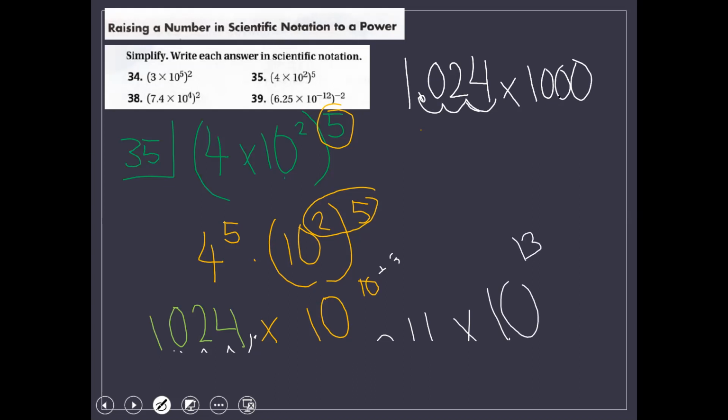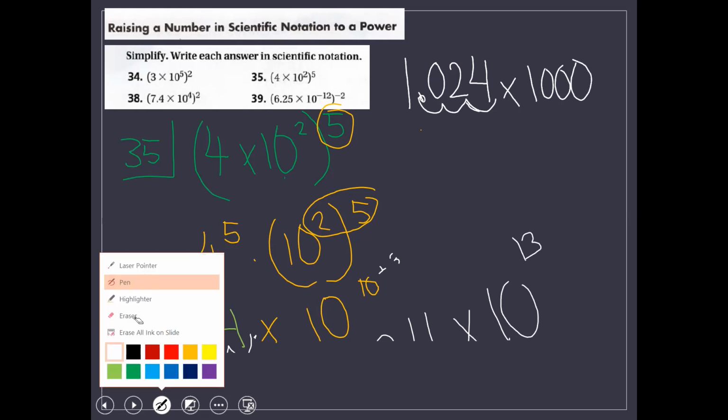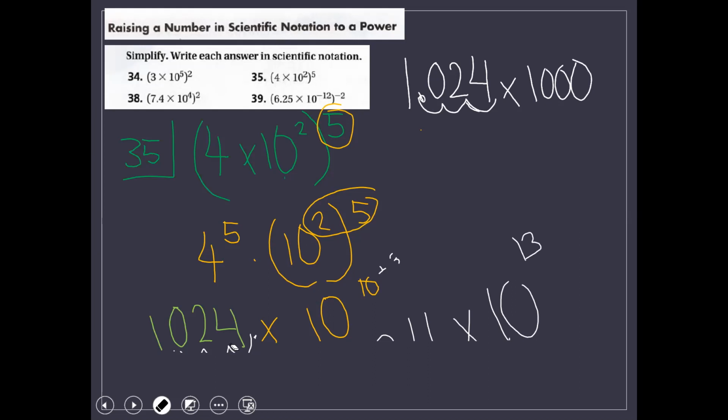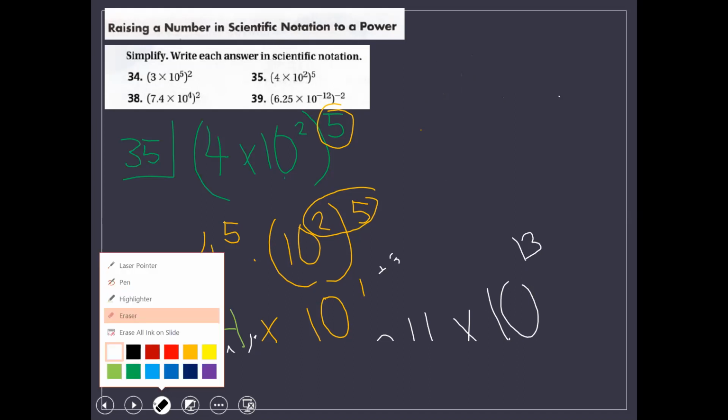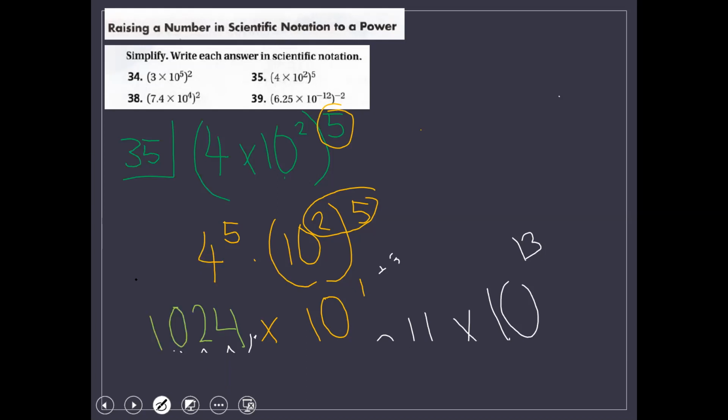What's happened to the slides? If you have 1024, okay, it's like this.